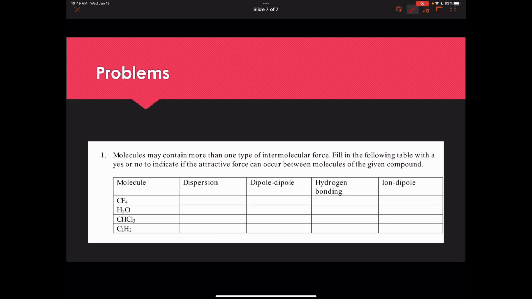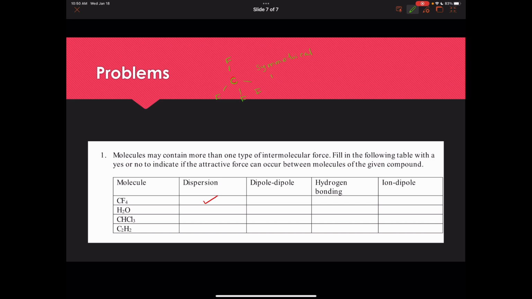So if we look at our first molecule here, we have CF4. It's going to have dispersion forces because dispersion is found in all materials. CF4, I would have carbon with bonds to 4 fluorines. That is a symmetrical molecule.